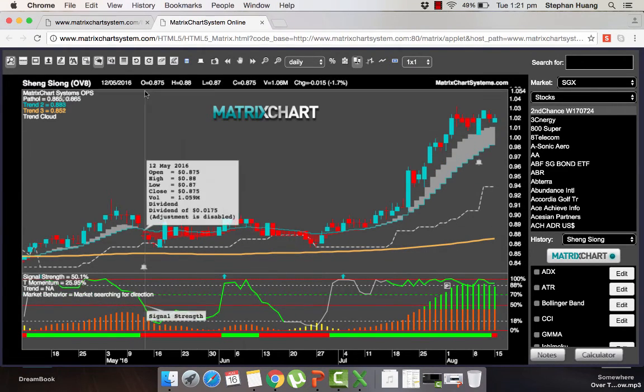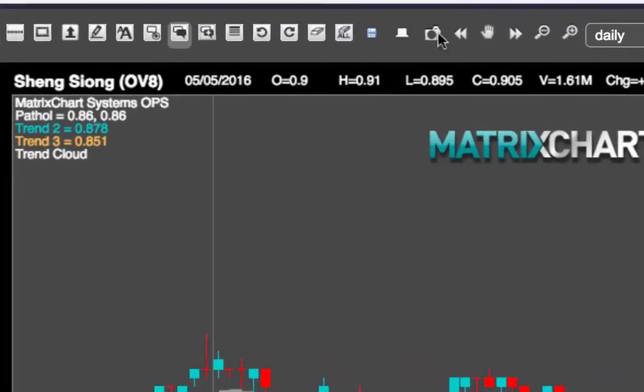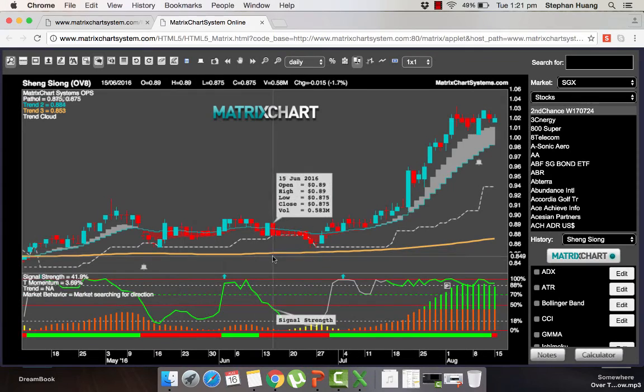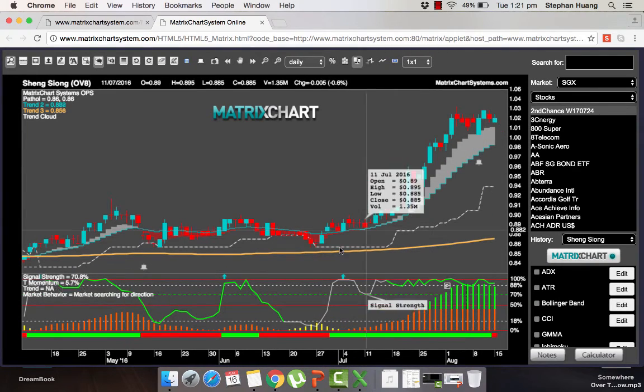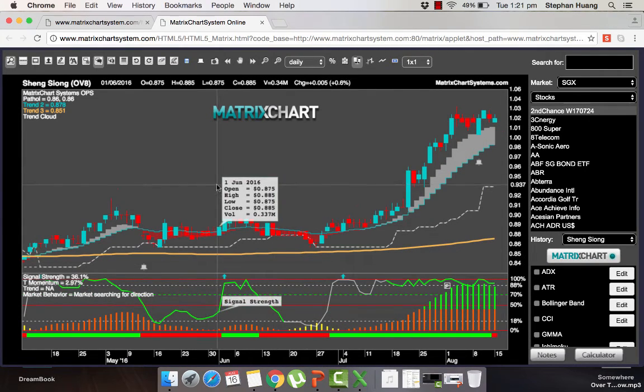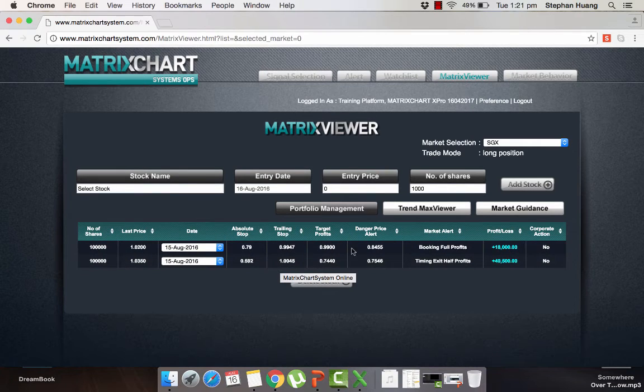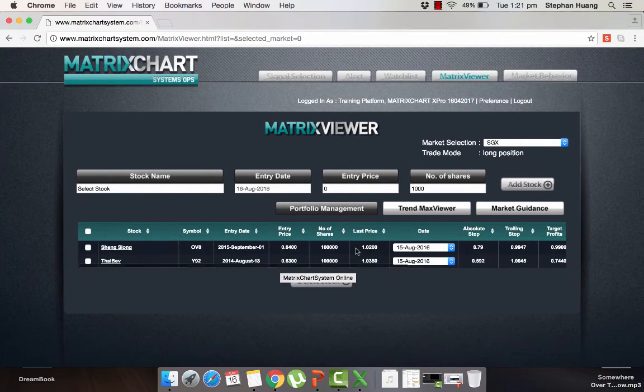And if you want to look at all the tools that are up here, you can look at our earlier videos as well. I posted a number of tools that you can find on our YouTube channel. Okay, so as you can see, this is a very simple to use system. You don't even have to look at charts. If you want to, you can, but you don't have to. Just for really quick and important information.